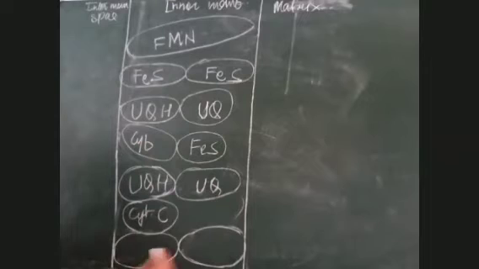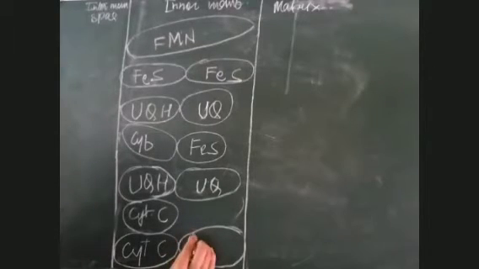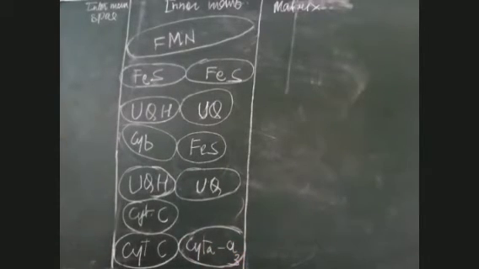Then we have cytochrome c and cytochrome a, a3. No, it's not a1, it's a3. Cytochrome a, a3. These all are electron acceptors which are placed on the inner membrane of mitochondria.